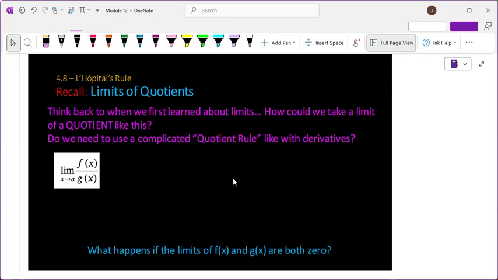Or does the limit actually distribute across division? Do y'all remember anything like a quotient rule for limits? We did it for derivatives, but for limits, no, it was just distribute that limit through.